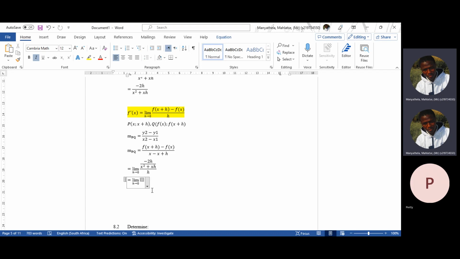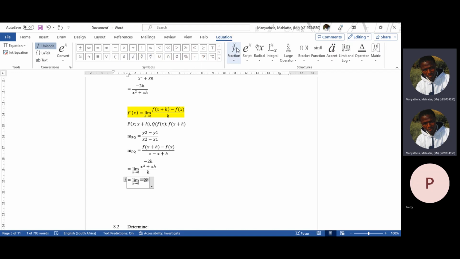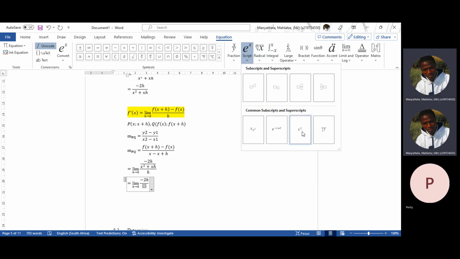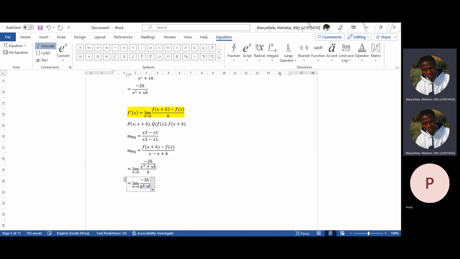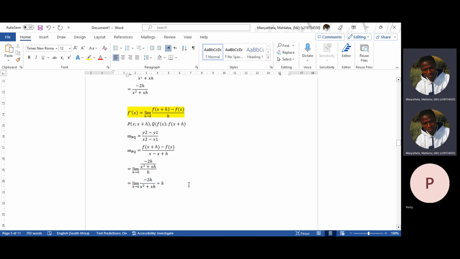So we're going to have negative 2h over x squared plus xh over x squared plus xh plus xh divided by h. Divided by h. So I will write it this way.